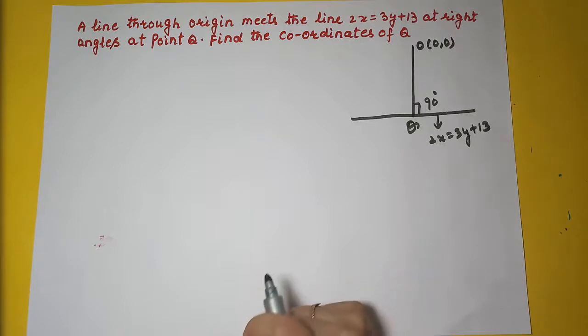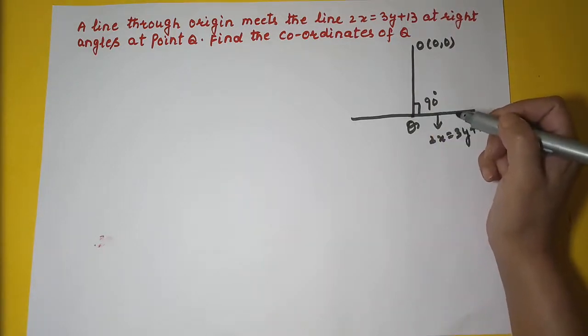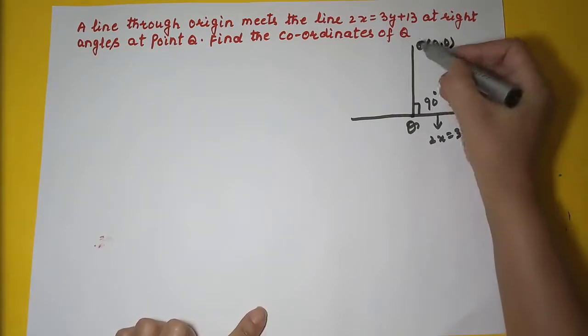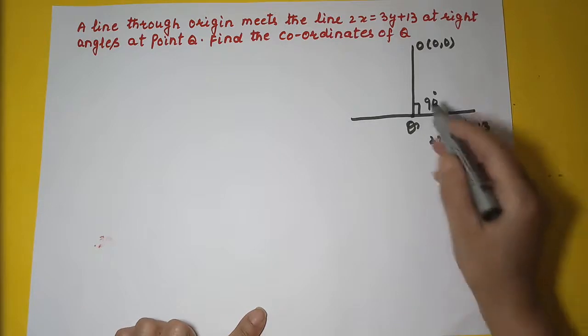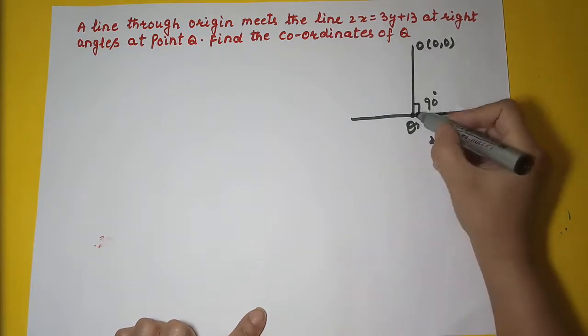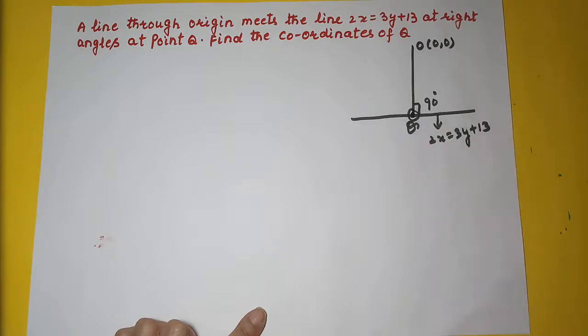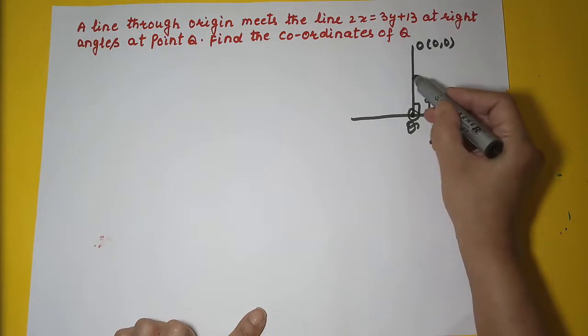Now the point is, how do we find this Q? If we know the equation of this line and the equation of this line, the point of intersection of those two equations will be the point Q actually, right? We have the equation of this line, but we don't have the equation of this line.